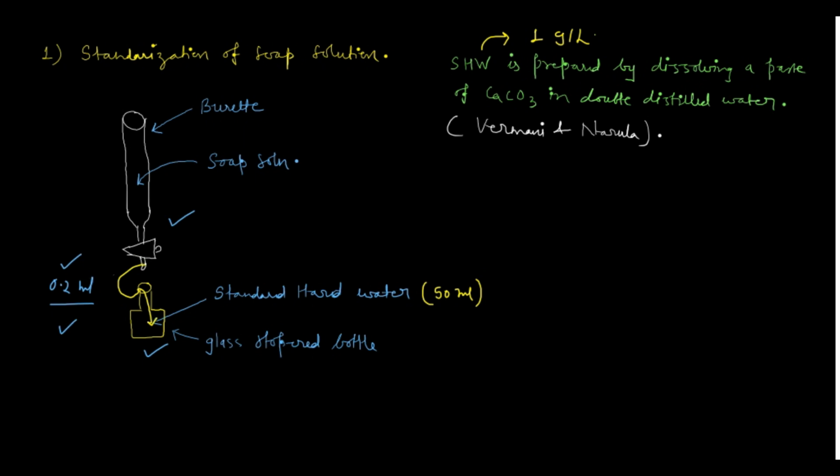So I will add 0.2 ml of the soap solution, which is sodium stearate, to the water that contains the hardness-causing ions, calcium and magnesium. Then I will put the stopper on the glass-stoppered bottle and shake the mixture vigorously, and notice whether any lather is forming.